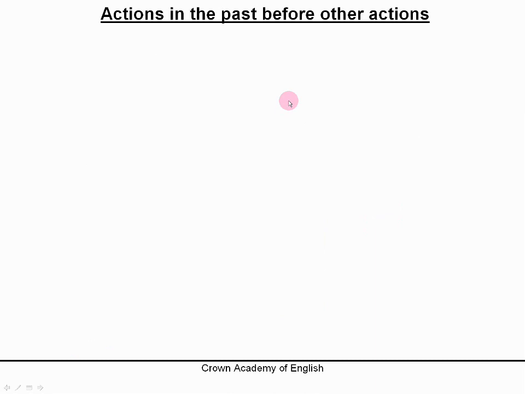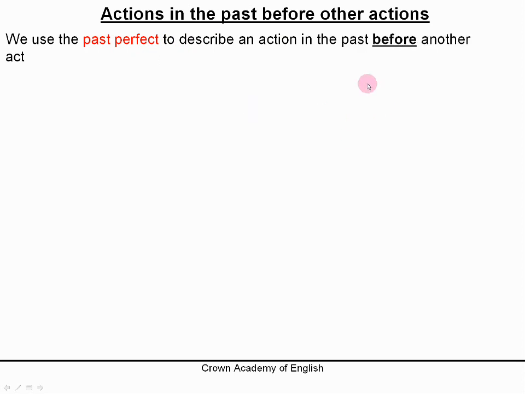So let's look at the use in more detail now. So actions in the past before other actions. So we use the past perfect to describe an action in the past before another action in the past. And let's look at some examples.